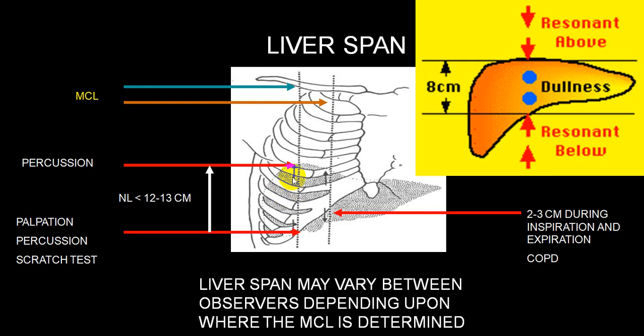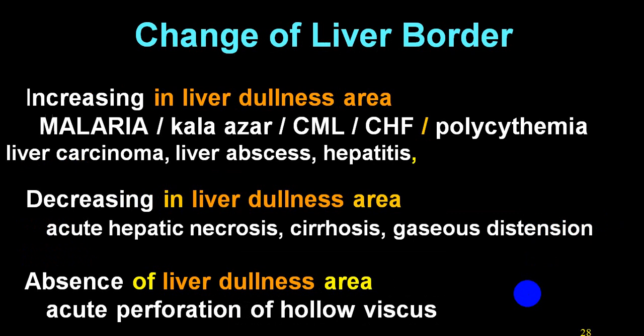Instead of dullness, you will get a resonant note or a tympanic note. Hence, you will not be able to identify the exact size, and the liver lower border will be palpable plus percussible below the right costal margin. This is very important to keep in mind.